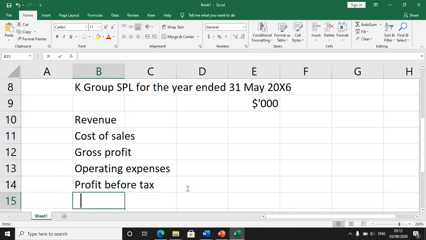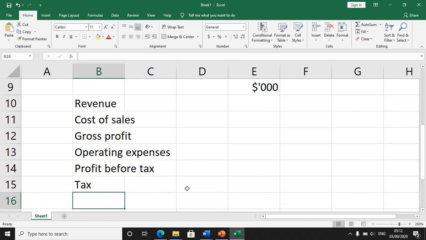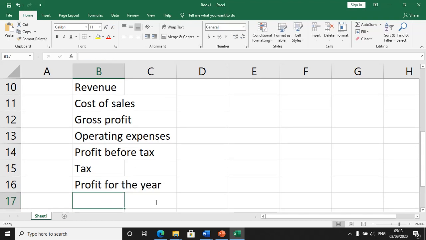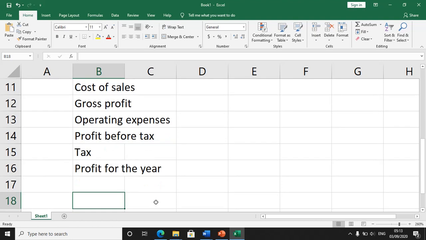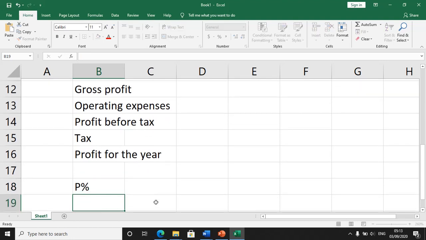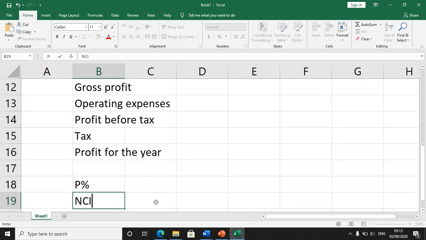Then we have tax itself, then profit for the year. Then we're going to have to share that profit between parent and NCI.